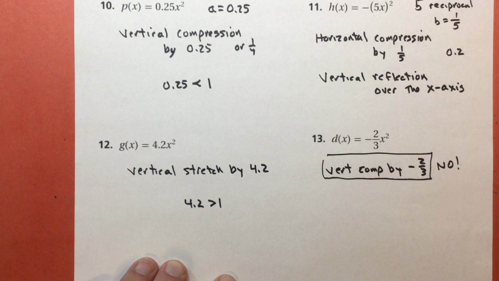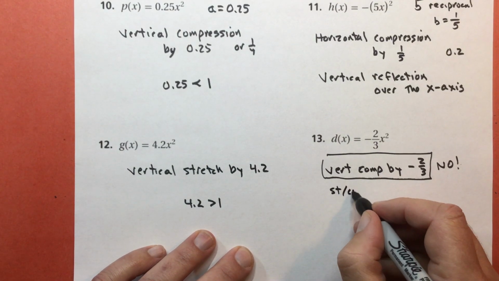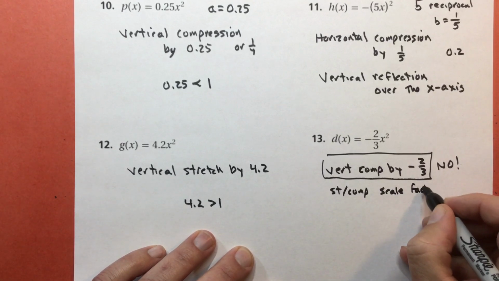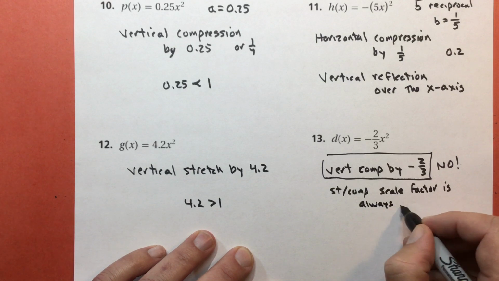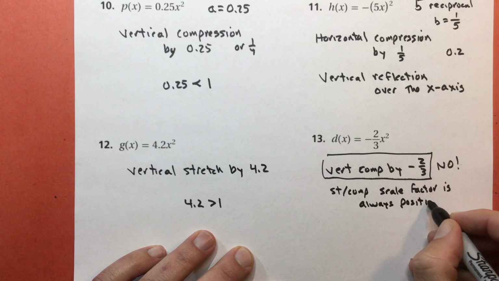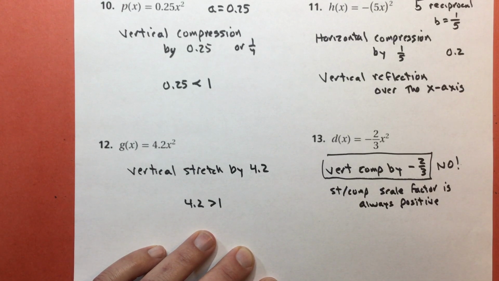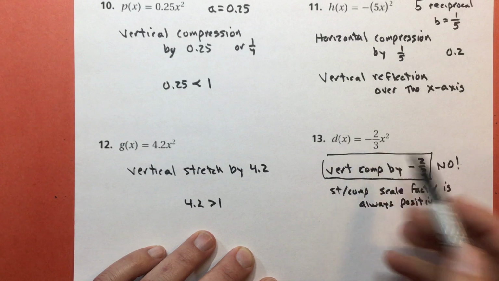The negative means it's a reflection. Stretches and compressions, the scale factor is always positive. Okay? So stretch, compression, scale factor is always positive. If you go back and see the table, we always had absolute value bars around it. The negative is going to be a reflection.